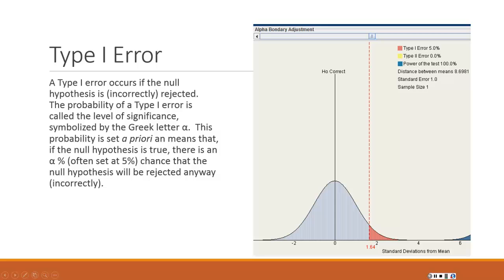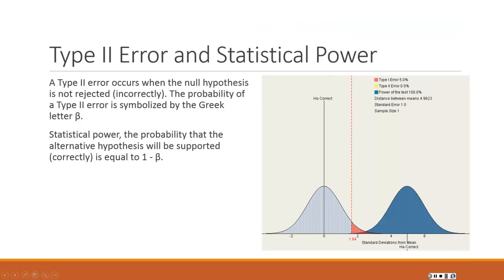I drew it far away here, so if this is true, we'll always find it, and there's no type 1 error because they're so far apart. Okay, but for right now, just focus on this being the null hypothesis distribution. This is the distribution that we are computing things from, assuming H0 is true.